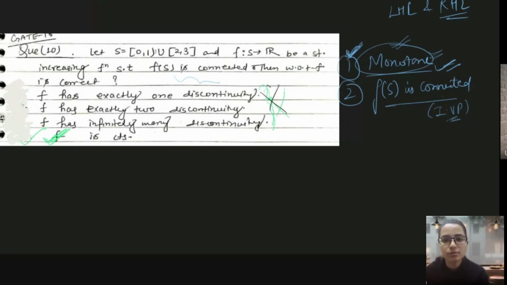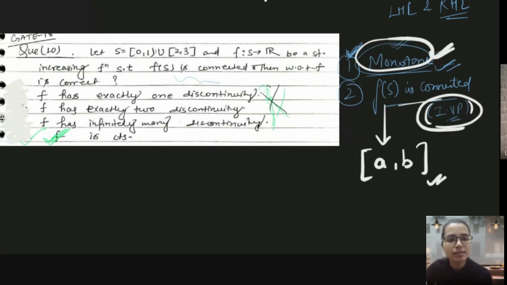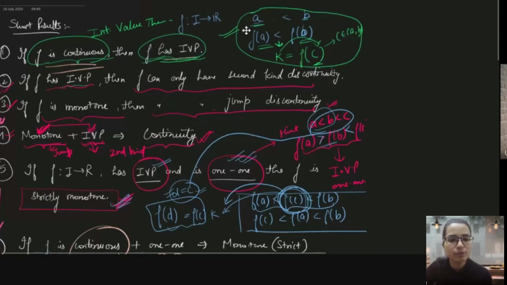You can directly use these results. Connected in real analysis means some interval, so it will satisfy the intermediate value property, and with the help of the above results, monotone plus IVP implies continuity.